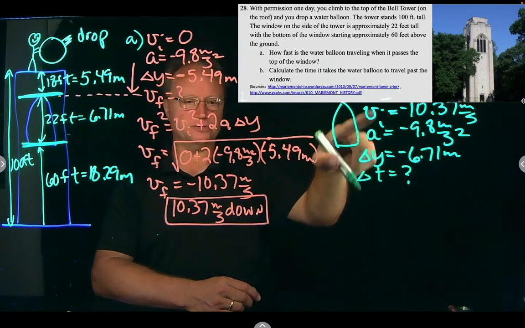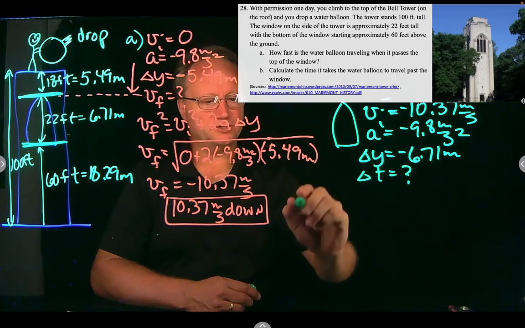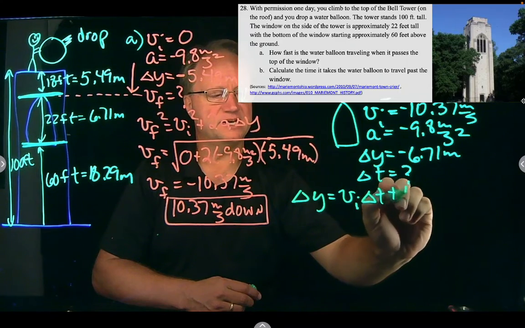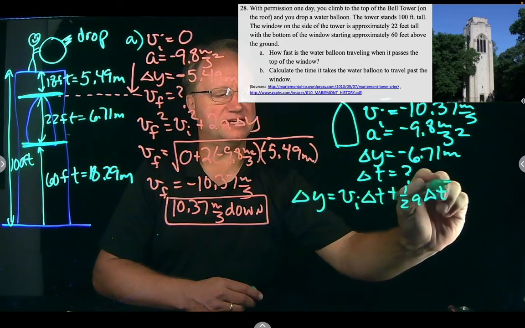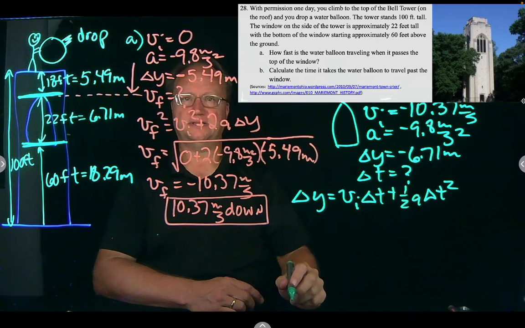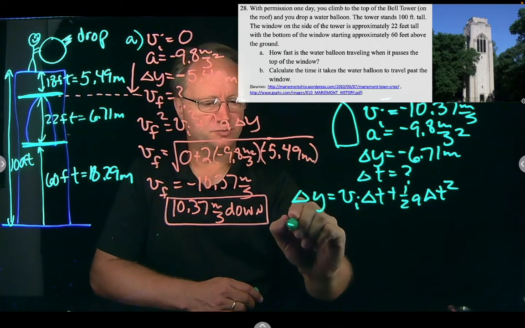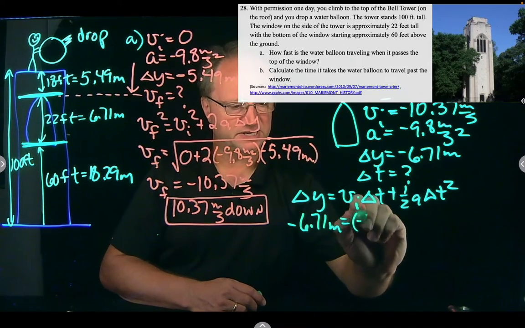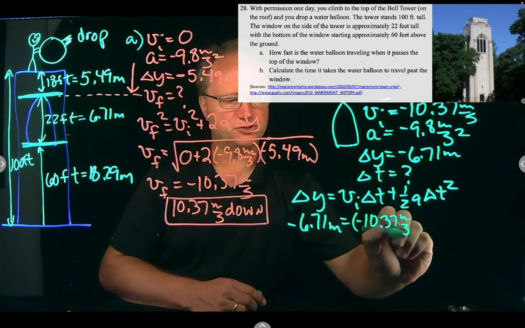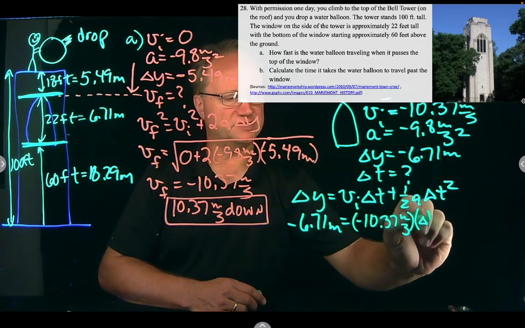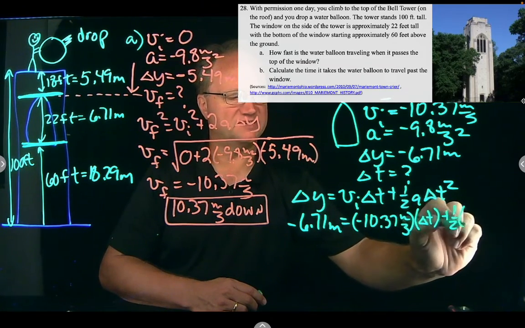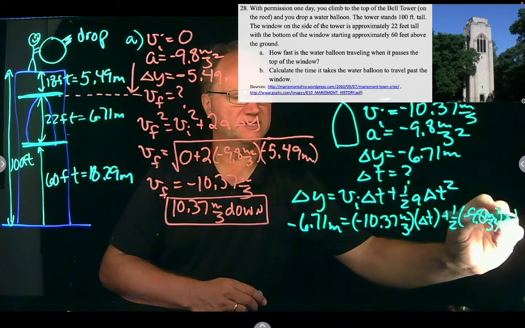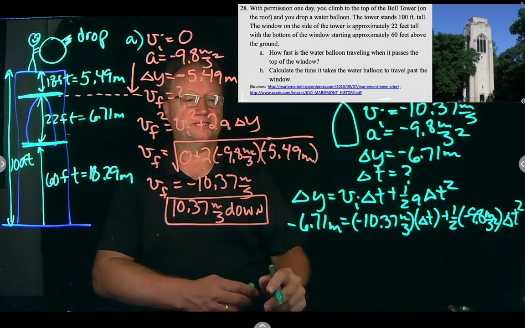Given those different things, we know enough to use the motion equation delta y equals Vi delta t plus 1/2 a delta t squared, and then plug in your values. This will be negative 6.71 meters is equal to negative 10.37 meters per second times delta t plus 1/2 times a negative 9.8 meters per second squared times delta t squared.